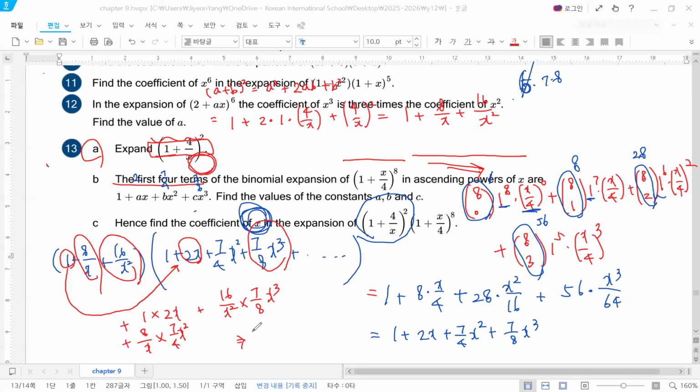Therefore, 2x plus 14x plus 14x. Therefore, the answer is 30x. So the coefficient of x here is 30.